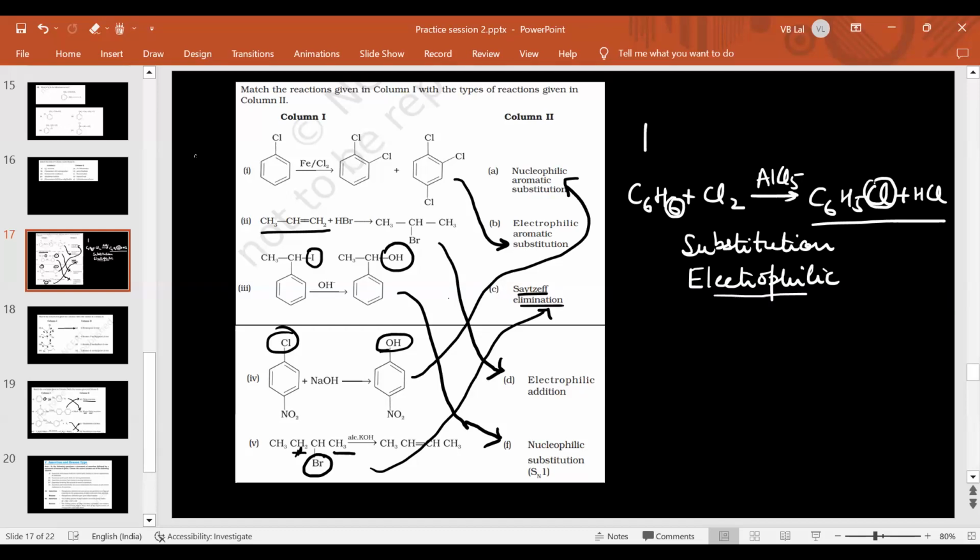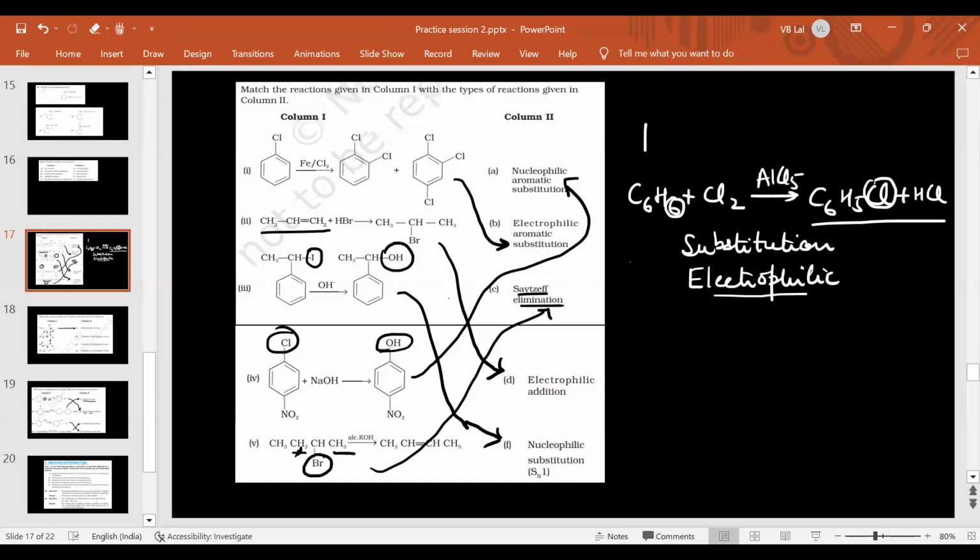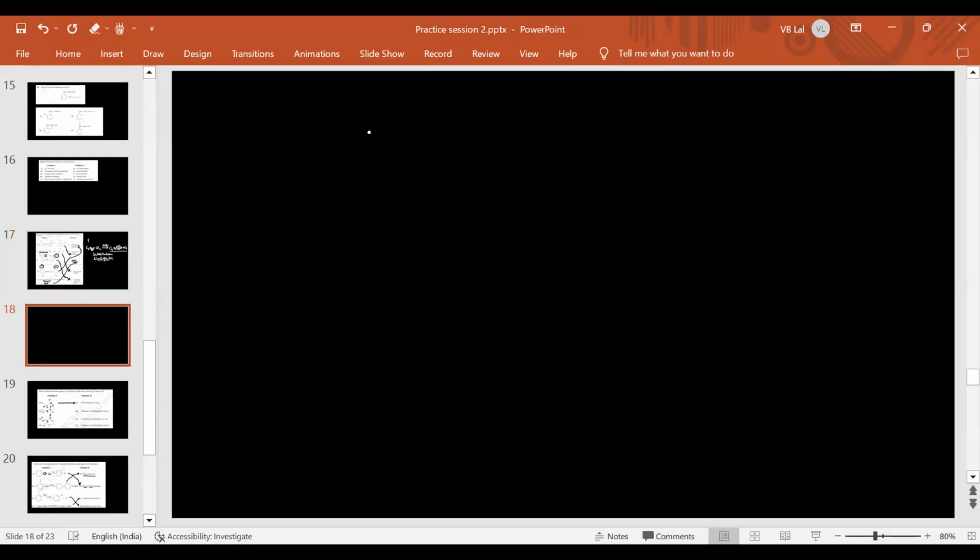Okay. So we can now just go through the different types of reactions which each class of compound undergoes. You should know what are all the types of reactions which alkyl halides or haloalkanes and haloarenes can undergo. So haloalkanes means there is no benzene ring, only an open chain compound.